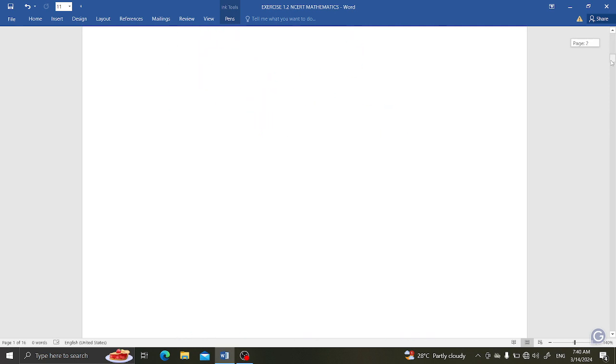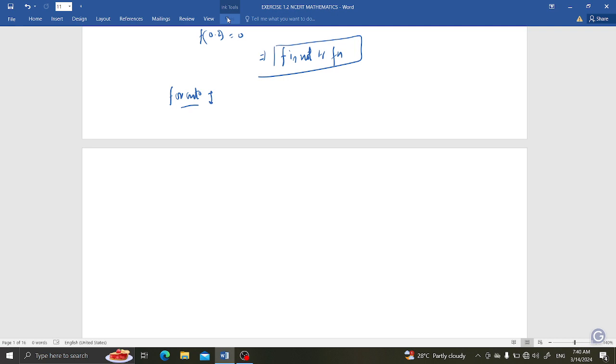Here we can say directly that the range set of f is not equal to the codomain set of f. Why so? Because the set of integers is not equal to the set of real numbers.